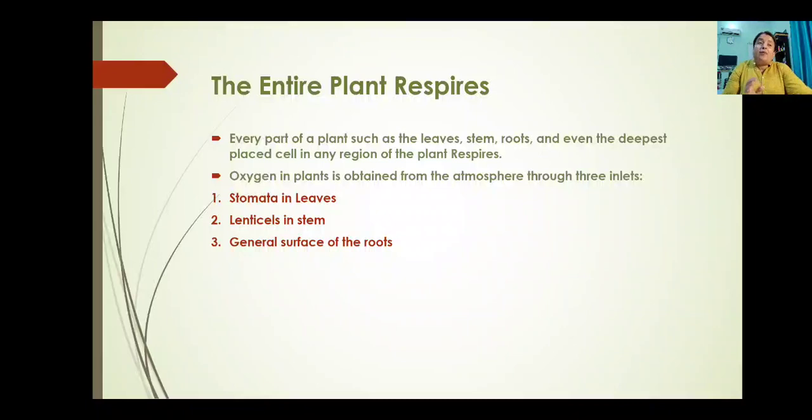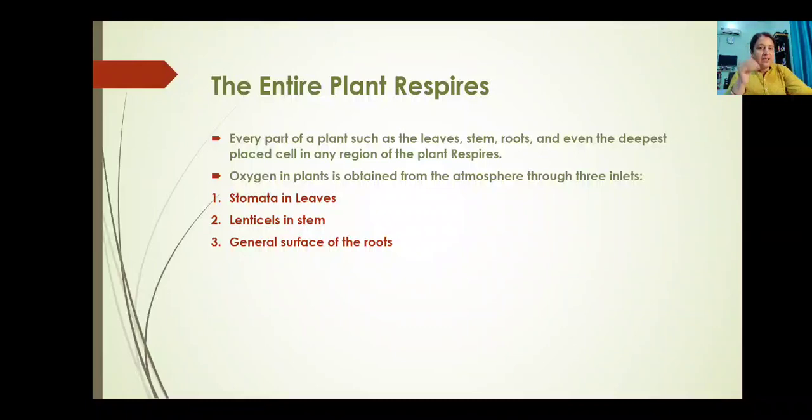So far we knew that plants only take in carbon dioxide and give us oxygen. But at the same time, during photosynthesis, plants manufacture oxygen by taking carbon dioxide, and the maximum part of the oxygen is utilized by the plants for their respiration.